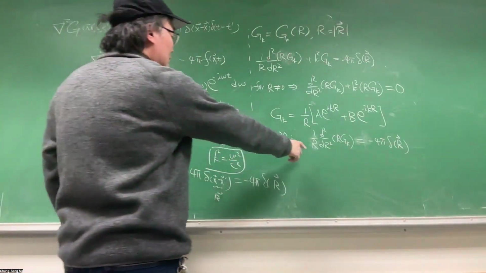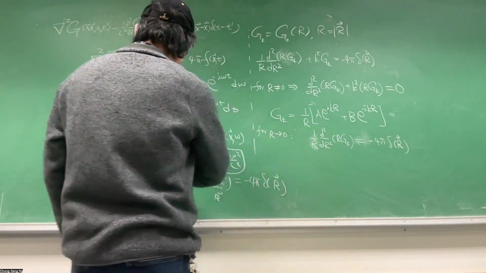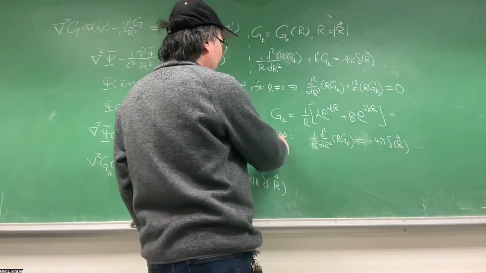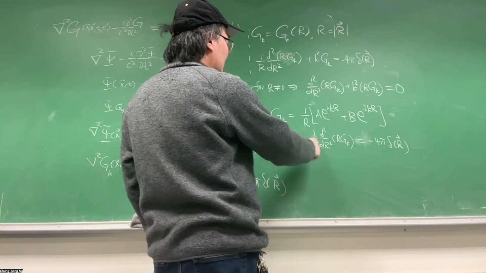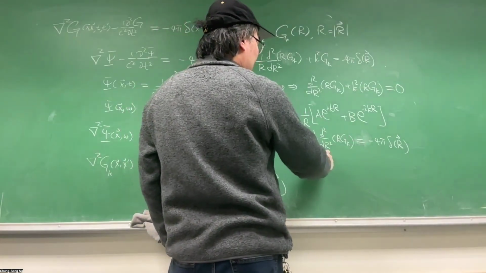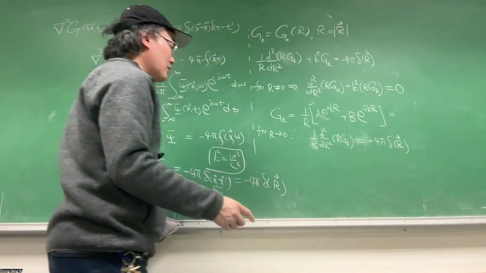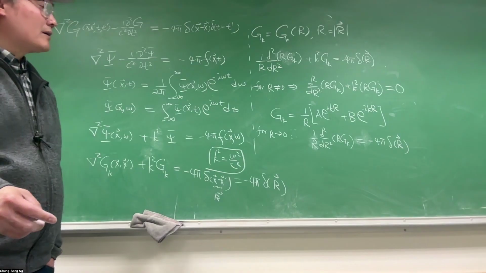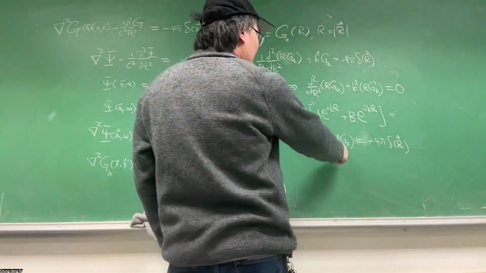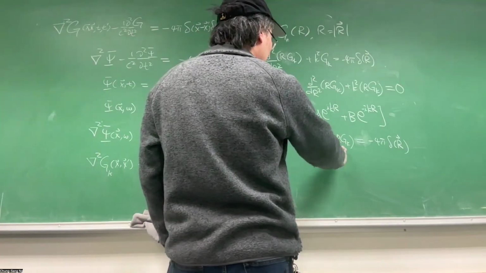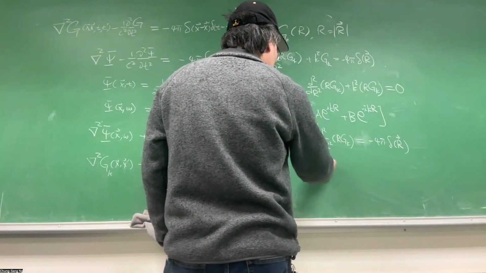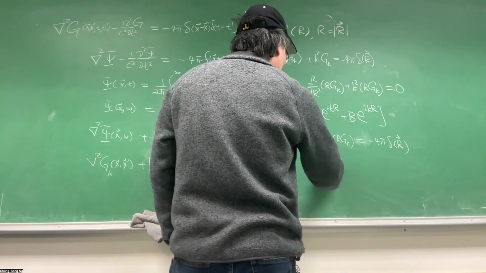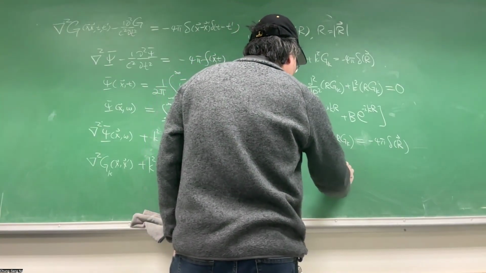And remember, this is still the Laplacian of G. So for R very small, this becomes like the equation for the Green function of the Poisson equation. And we know the solution for that, obviously. It's just 1 over |x minus x prime|. So G sub k is just 1 over R in that case.